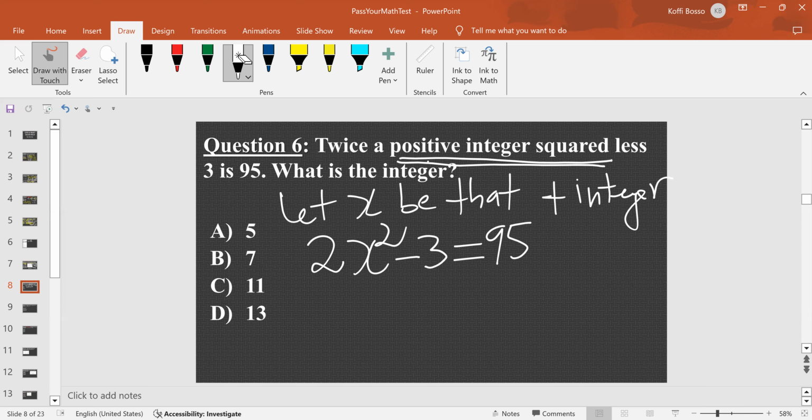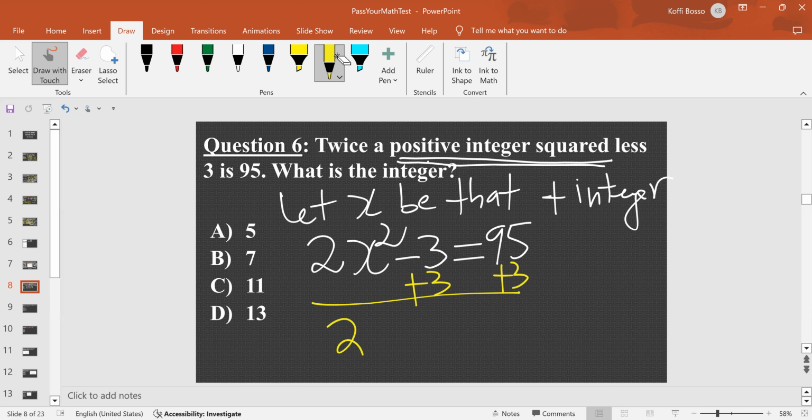And we're going to solve for the variable. This is one way to do it. But in case you don't know how to set up the equation and to solve, you have to take the answers one by one to check to see which one works. Okay, so here to solve for x, first of all, we're going to add the 3 on both sides.